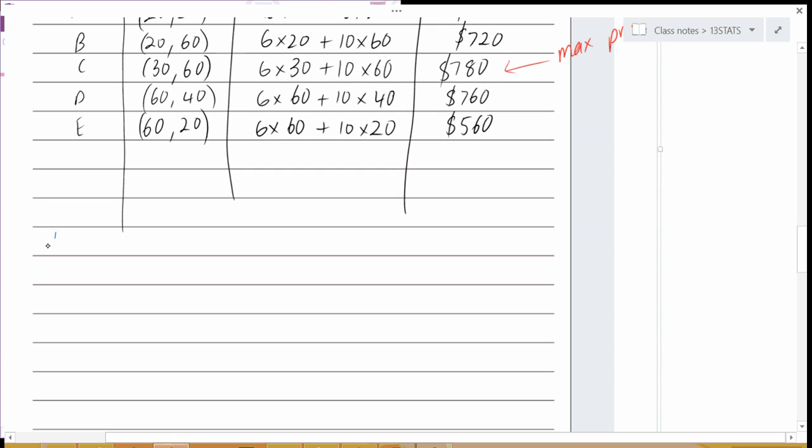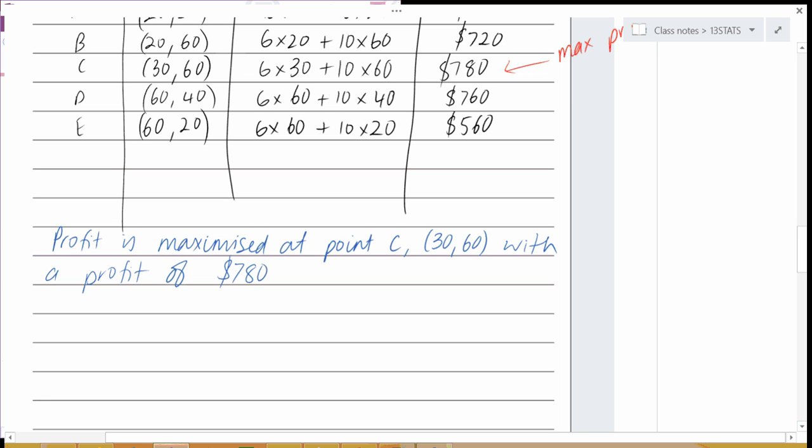So I'll say profit is maximized at point C, which is 30, 60, with a profit of $780. Now that's just a very simple interpretation.